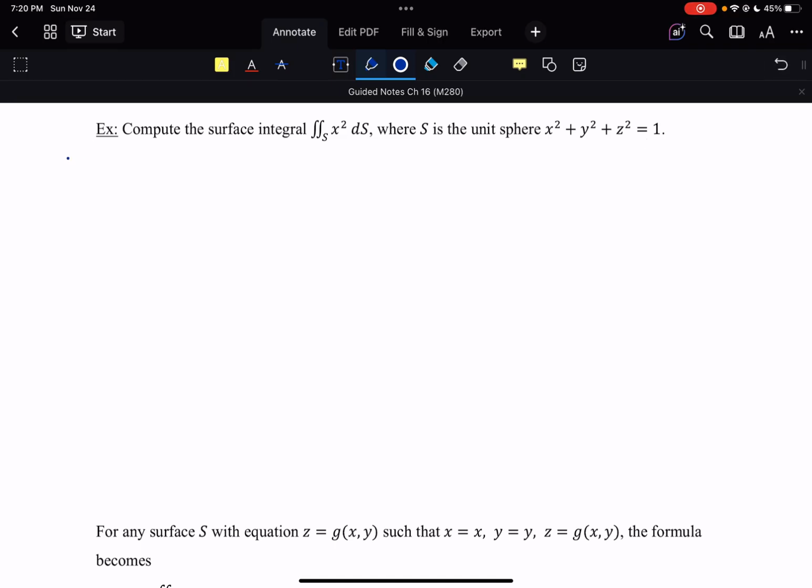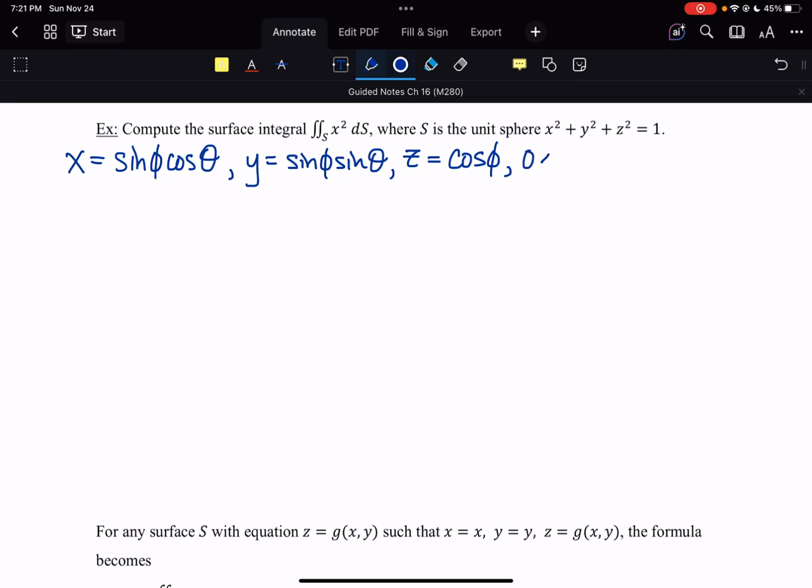So x would be rho sine phi cosine theta, but since rho is 1, this is just sine phi cosine theta. Y is sine phi sine theta. And z is rho cosine phi, so that's just cosine phi. And our standard bounds: phi goes from 0 to pi, theta goes from 0 to 2 pi.